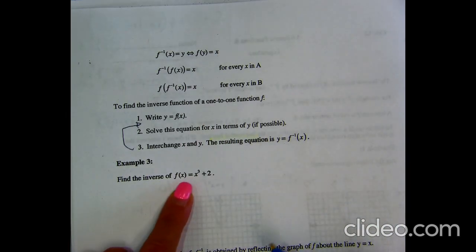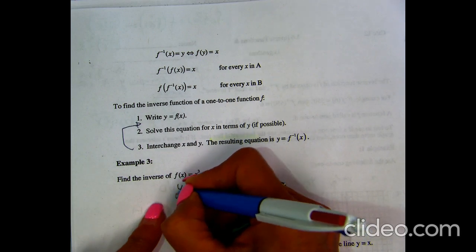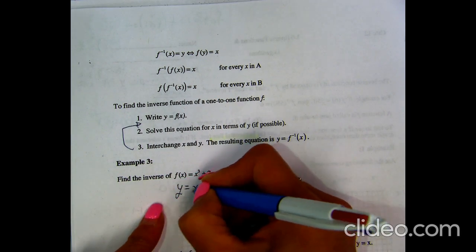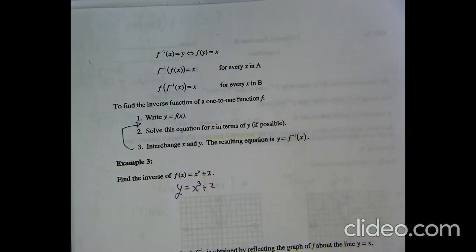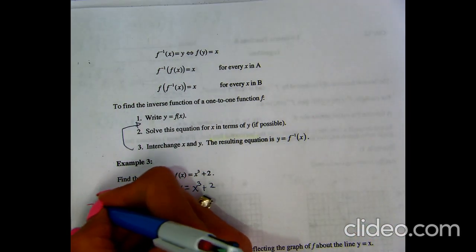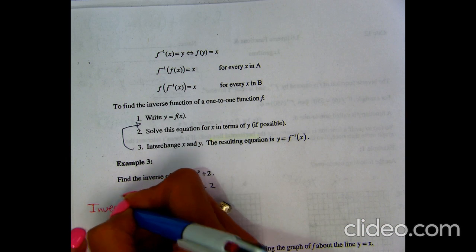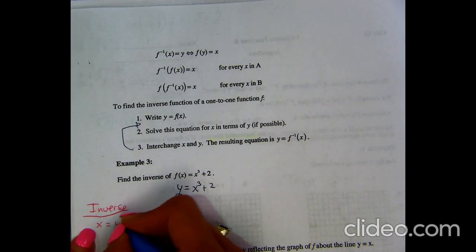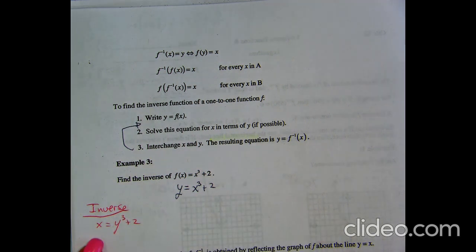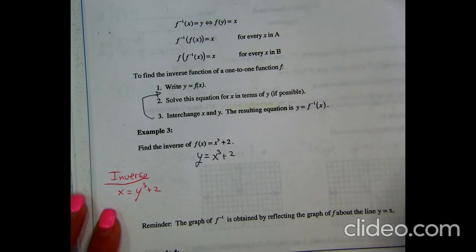Can you find the inverse of this function? So we're going to start out writing y equals x cubed plus 2. If I'm finding the inverse, I exchange x and y. That is, x equals y cubed plus 2. And then I solve it for y.